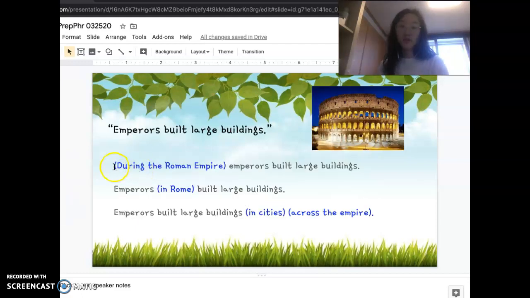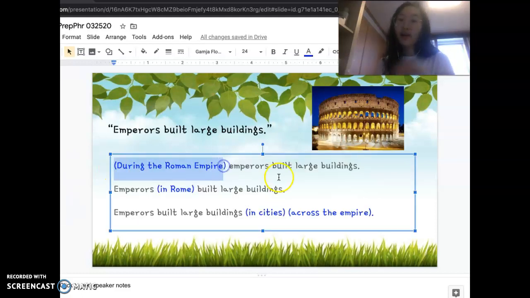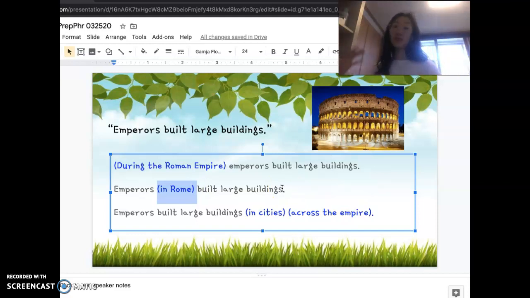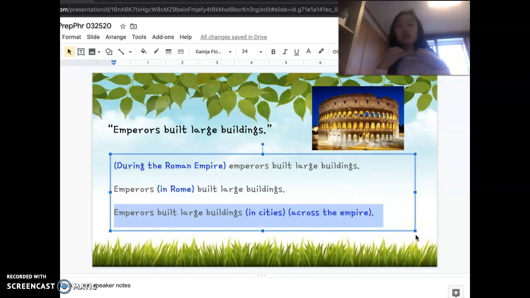So first, during the Roman Empire, emperors built large buildings. So this tells us when. Emperors in Rome built large buildings. So this prepositional phrase in the middle tells us where, like emperors from where. And this one, emperors built large buildings in cities across the empire. So we have two at the end. So this tells us again, where did the emperors build these beautiful buildings?